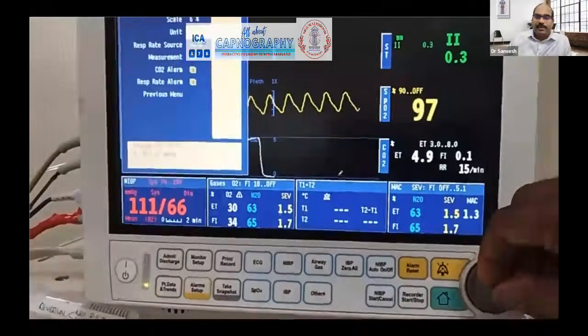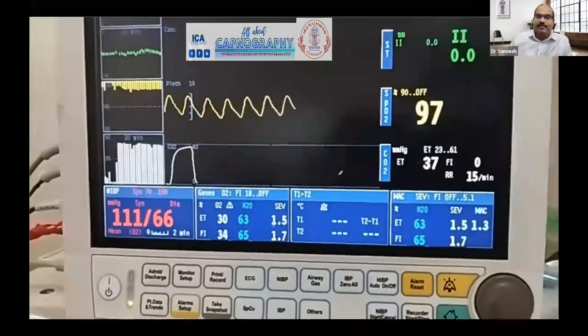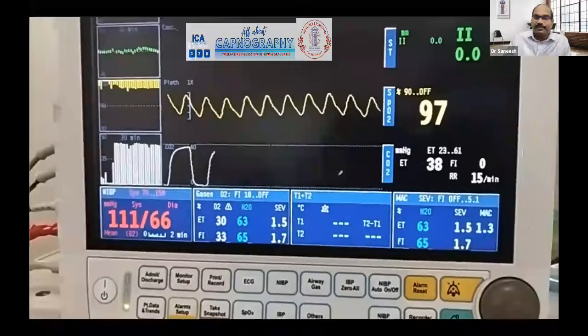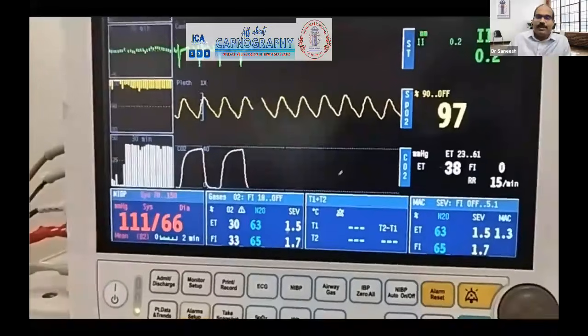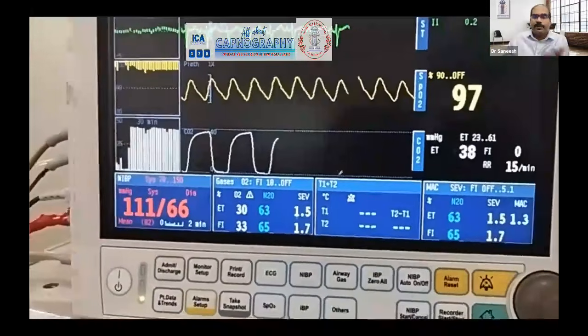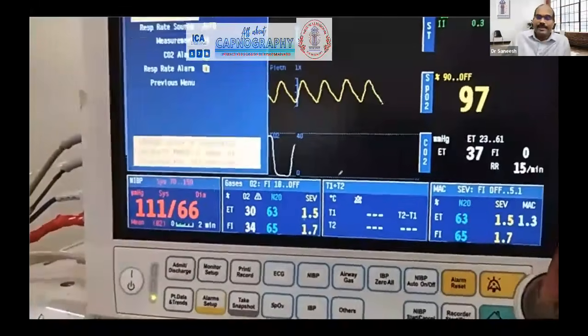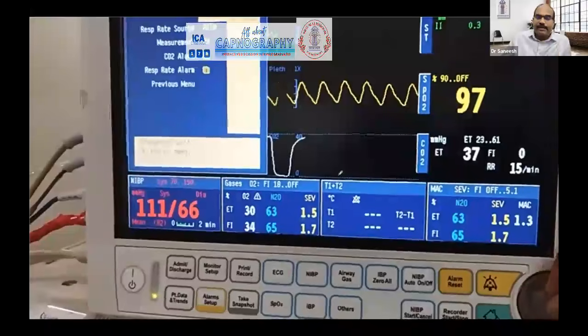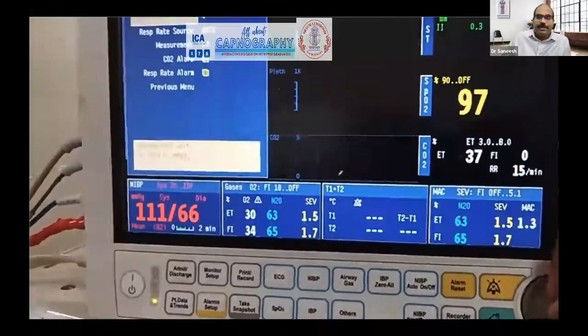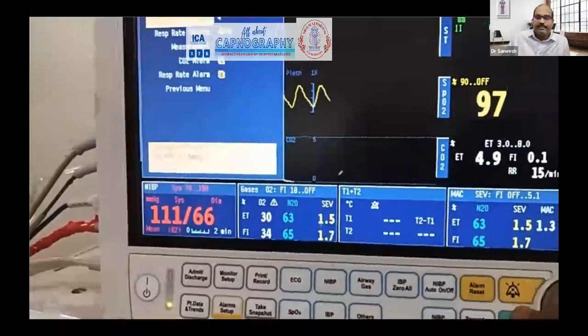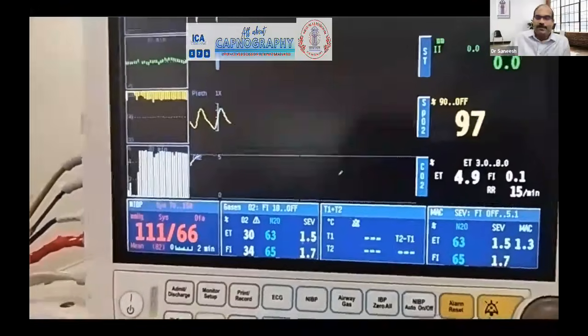Now we get the familiar range of digital values for EtCO2, like 37. When you go for abroad exams, sometimes ABG also you might get in kilopascals. So you need to be familiar with the values, the units, and probably the conversion values. This is very important.